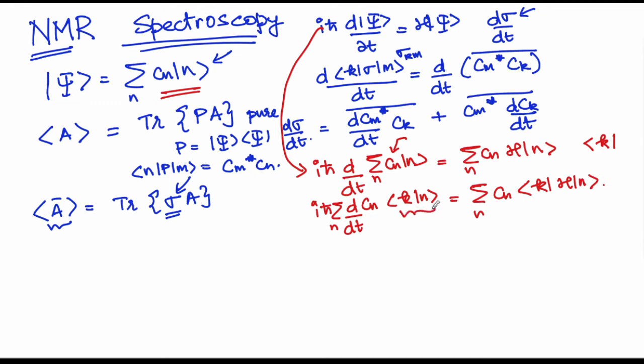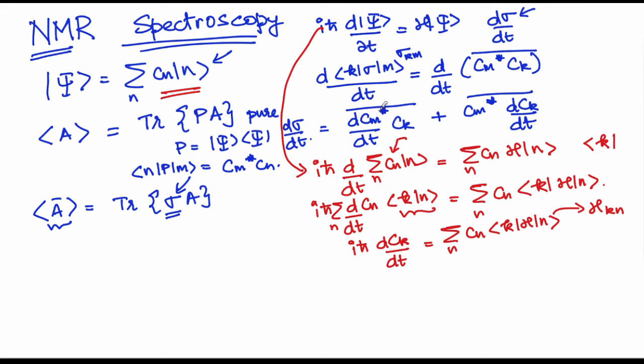Since you are talking about an orthonormal basis set, only when k is equal to n are you going to have a non-zero entity on the left hand side. So therefore this is going to become iħ dc_k/dt equals summation over n c_n, bra k Hamiltonian ket n. This can also be written as H_kn.